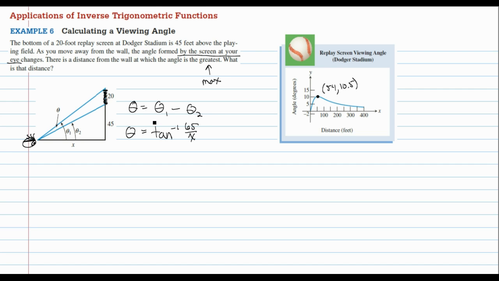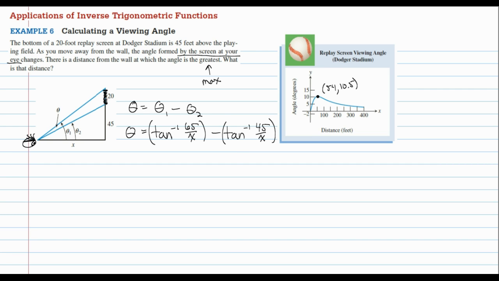That's theta 1. Then, to subtract theta 2, I'm looking for an angle whose tangent, opposite over adjacent, is 45 over x. So I need the inverse tangent of 45 over x. So that's where the book comes up with that formula.